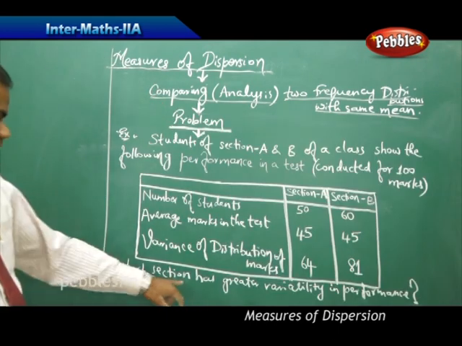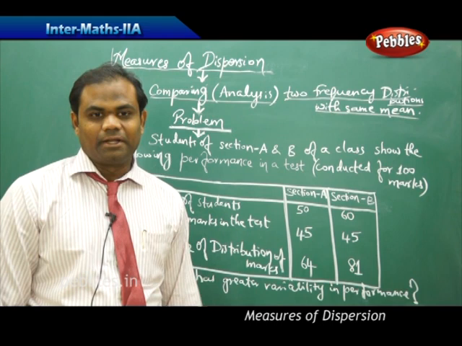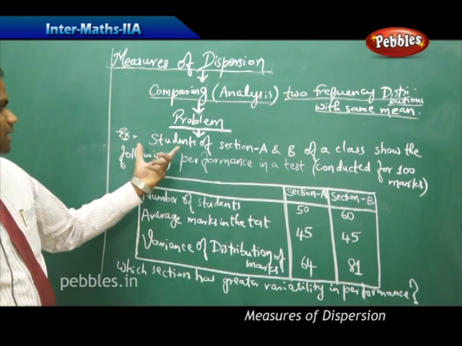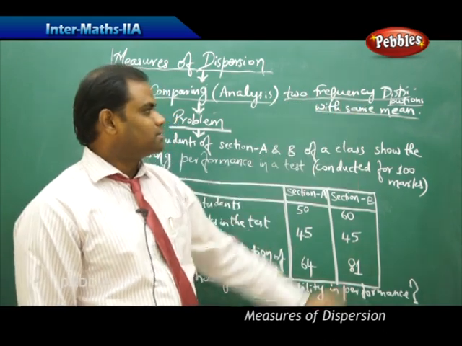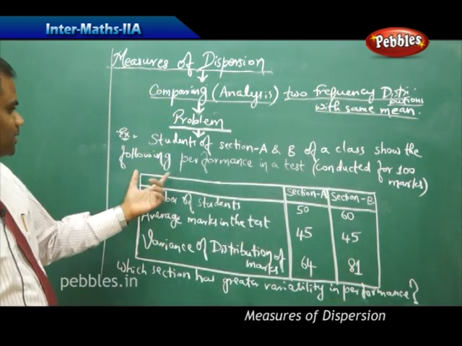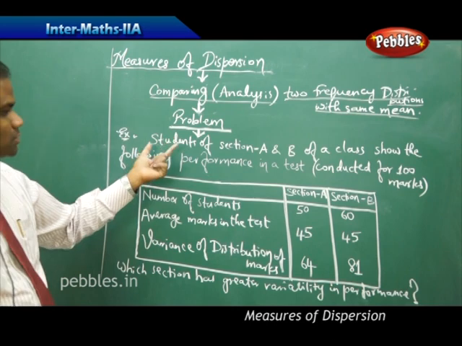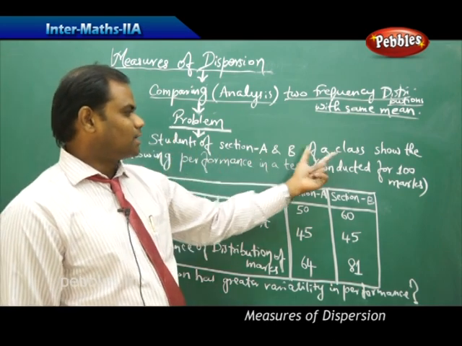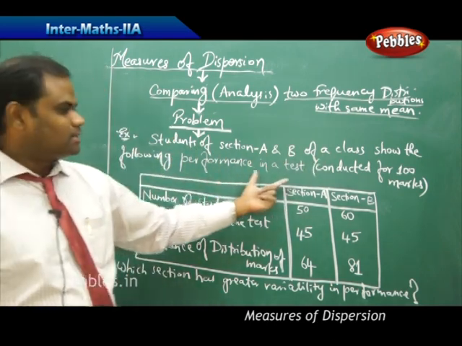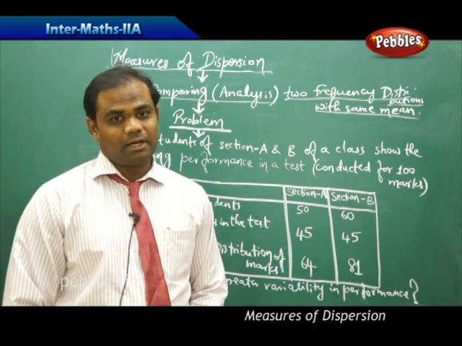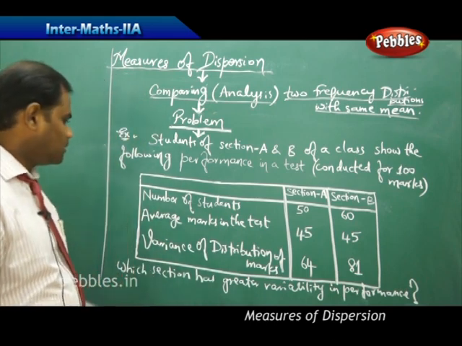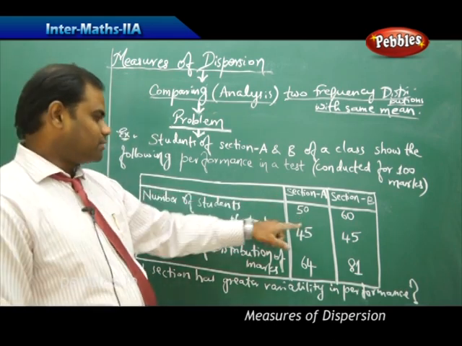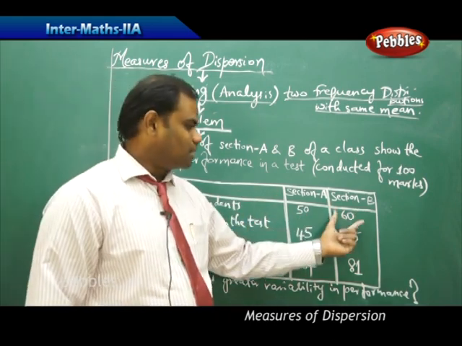And the question is, which section has greater variability in performance, where it is given that in this problem, for comparing analysis through two frequency distributions with same mean, here I have a question which says, students of section A and B of a class show the following performance in a test which is conducted for 100 marks. Now here is section A and section B, and the number of students in section A are 50 and the number of students in section B are 16.